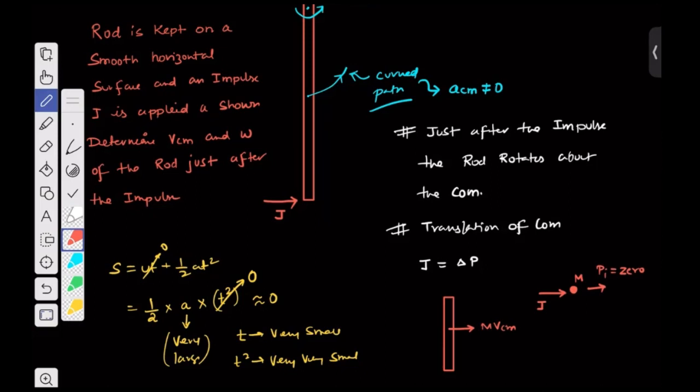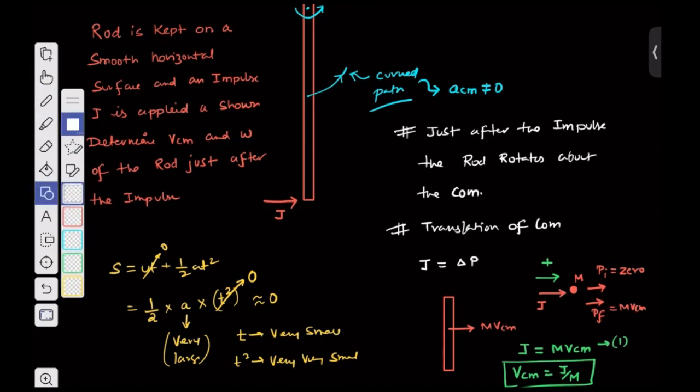After the impulse, it moves with VCM, so the final momentum is M VCM. With only one impulse acting on our object, we take that direction as positive. So J equals final, plus M VCM, minus initial, 0. So J equals M VCM, equation number 1. The velocity of the center of the mass is equal to J by M just after the impulse.